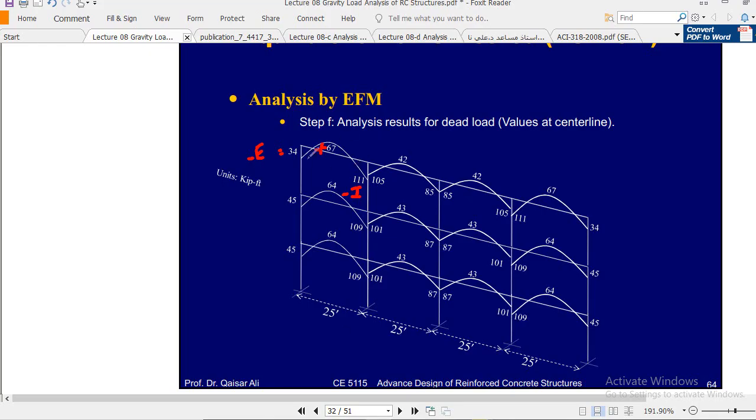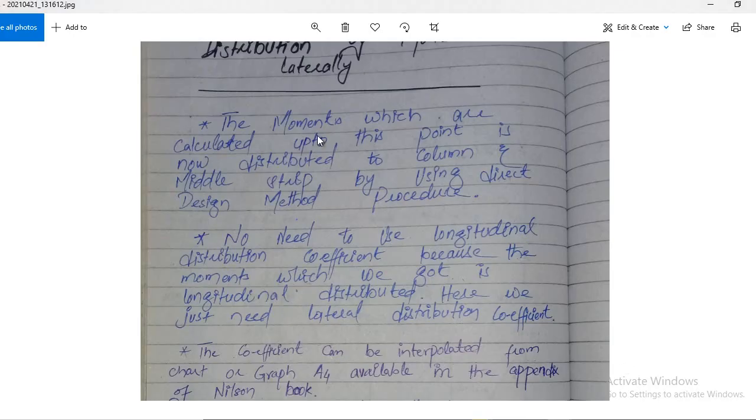So in these notes, there is no need to use the longitudinal distribution coefficients, meaning 0.35 and 0.65, because the moments we got are already longitudinally distributed.